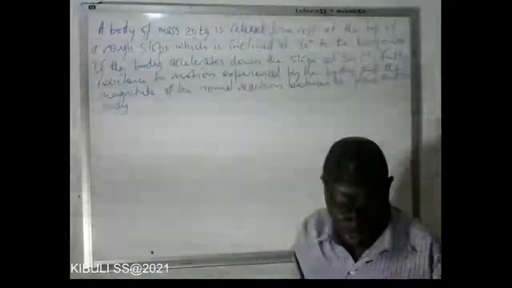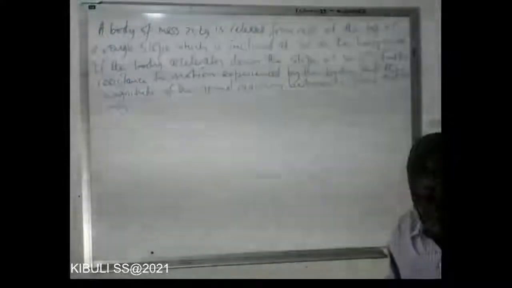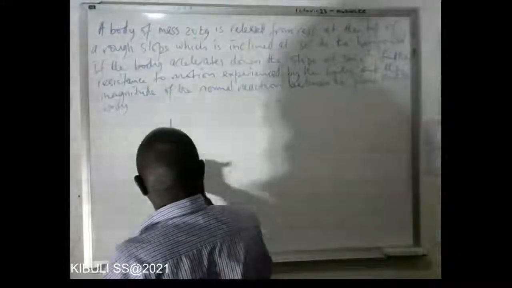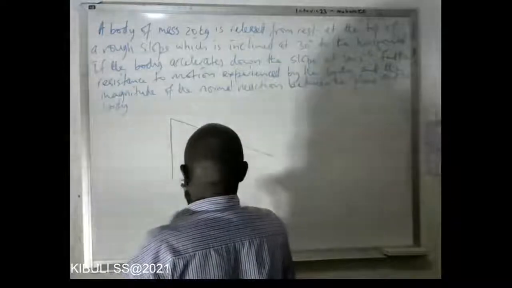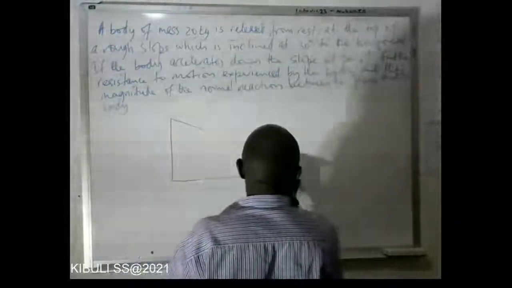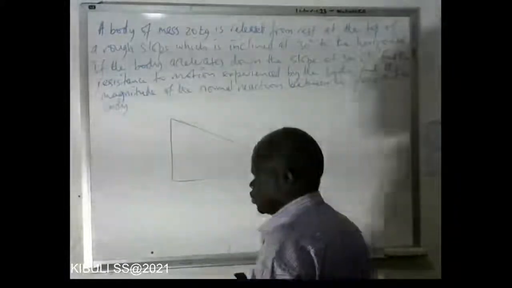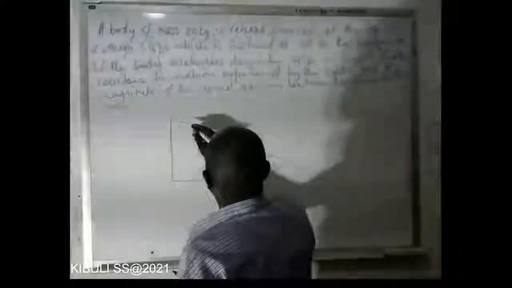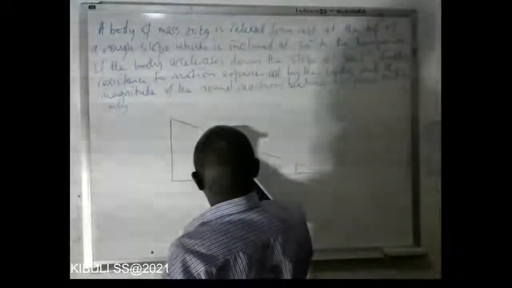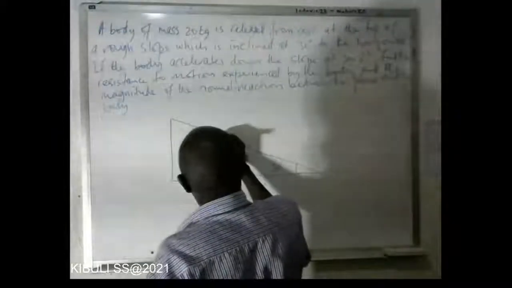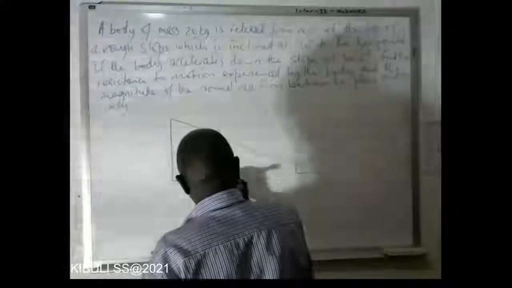Okay. So we need to start by drawing a diagram showing all the forces acting on the body. So let's say this is the plane which is inclined at 30 degrees above the horizontal. Let's say that the body on its way down has reached this point. The weight of the body will be acting vertically downwards.